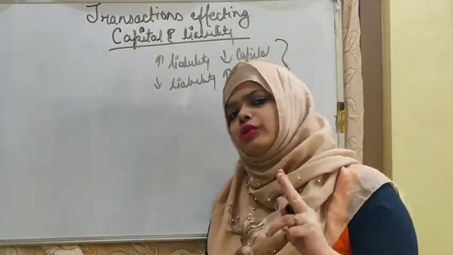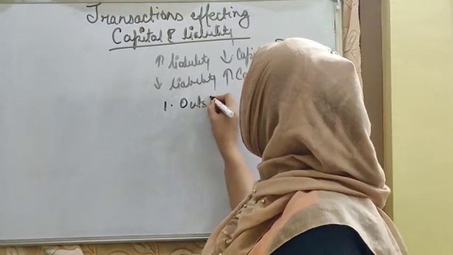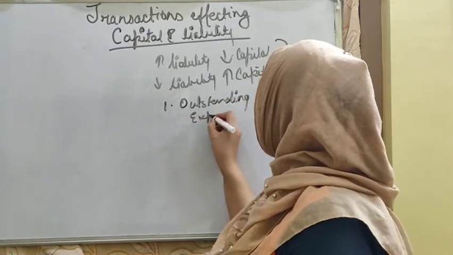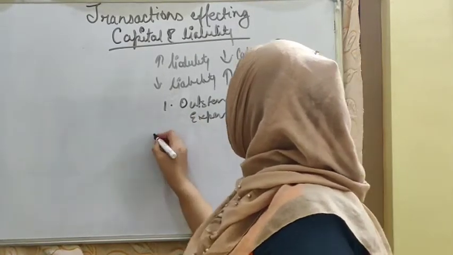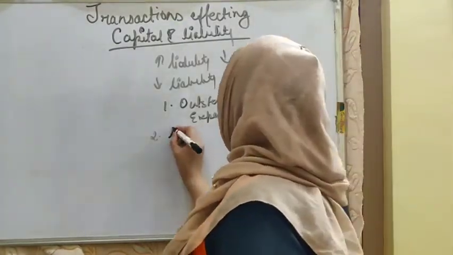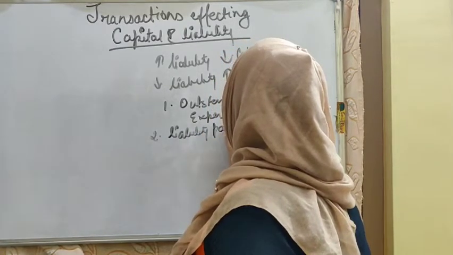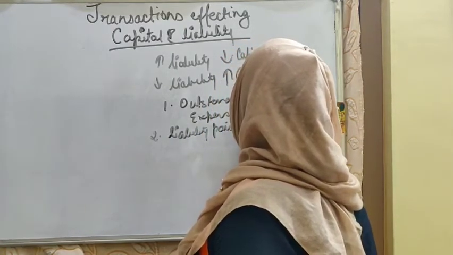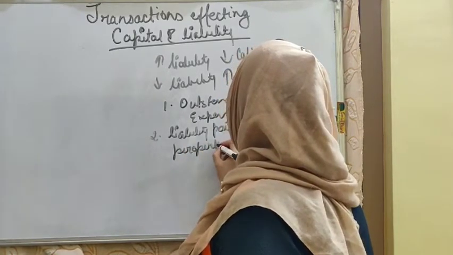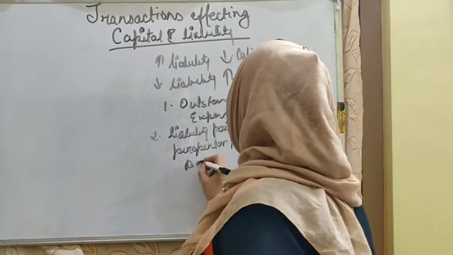So we have only two transactions which will affect this. First one is outstanding expenses. Second one is liability paid from proprietor's personal bank account.